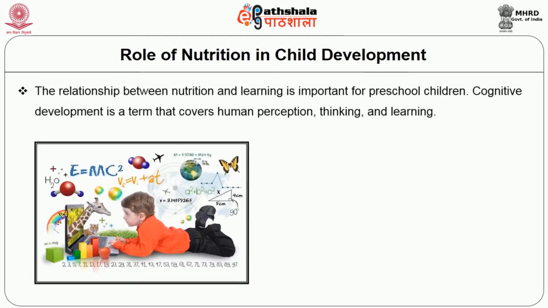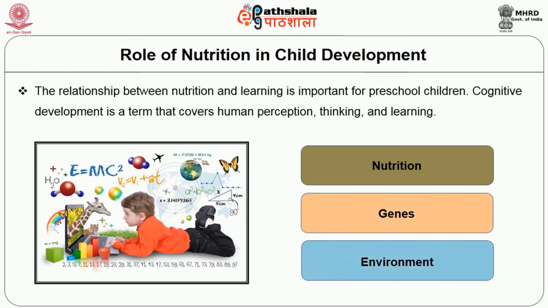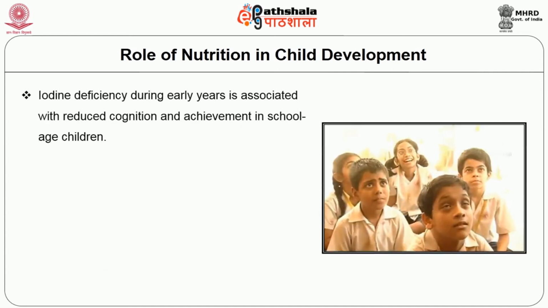The relationship between nutrition and learning is important for school children. Cognitive development is a term that covers human perception, thinking and learning, and nutrition, genes and environment are three major factors which impact cognitive development. Iron deficiency during early years is associated with reduced cognition and achievement in school age children.